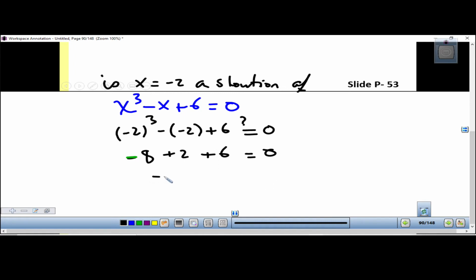I've got a -6 plus 6, and that equals 0, since 0 is equal to 0. So here you say x equals -2 is a solution.